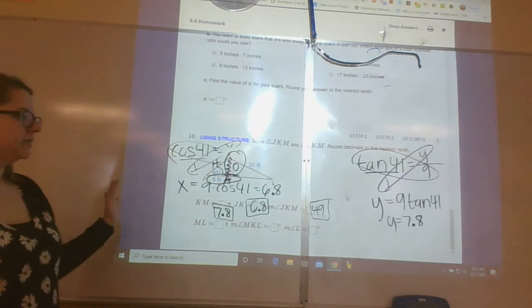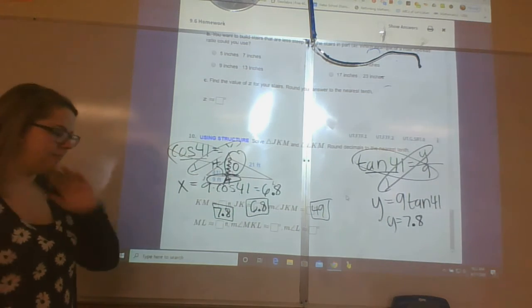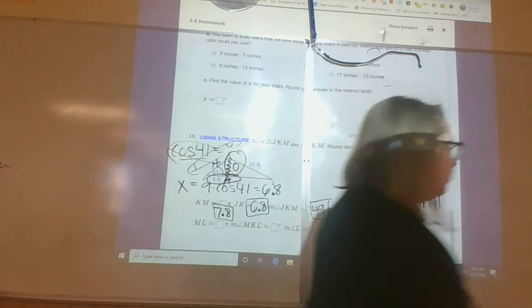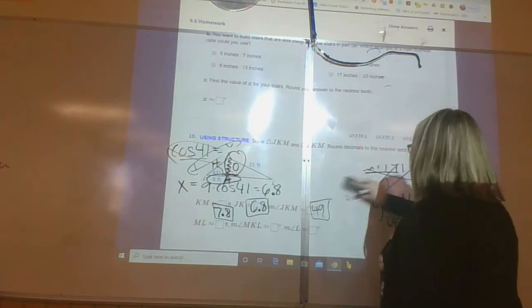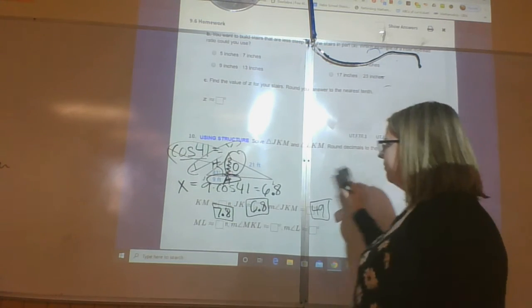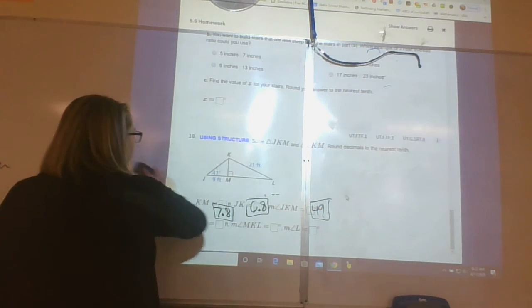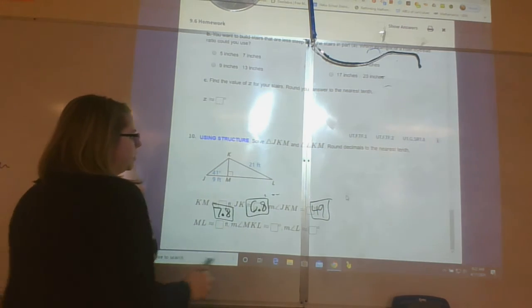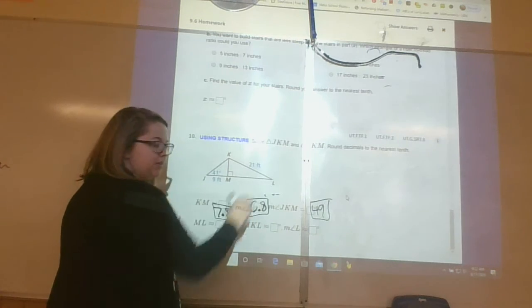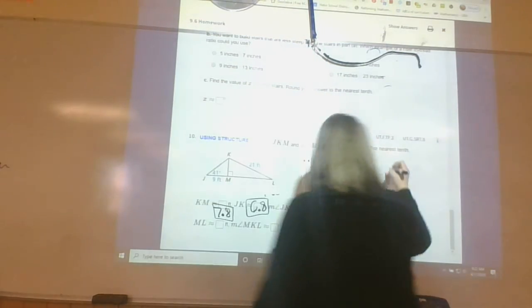Okay, I'm going to erase this whole thing so we can do the other triangle. Okay, so now we're going to be looking at this triangle here. I'm going to draw just that triangle over here.